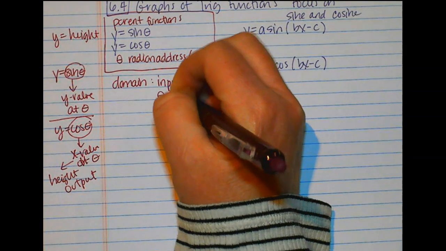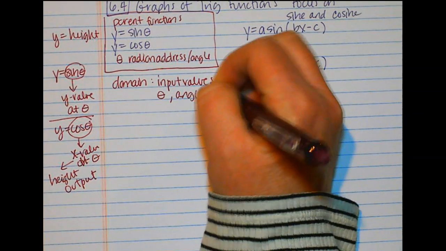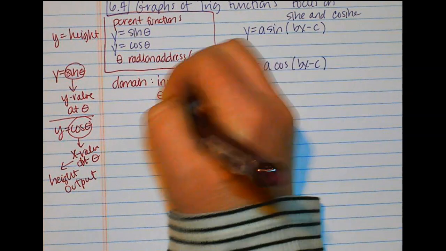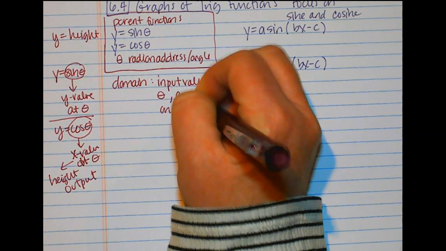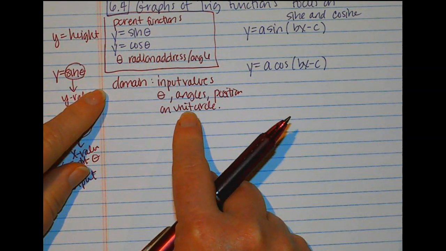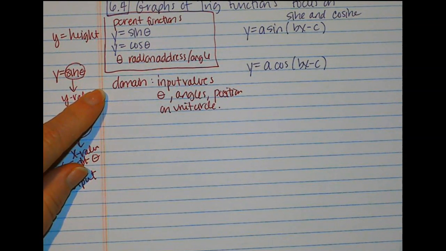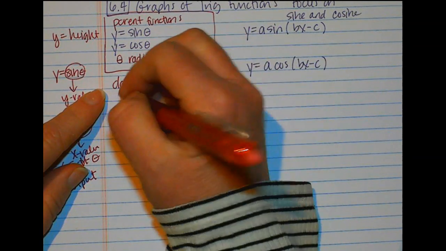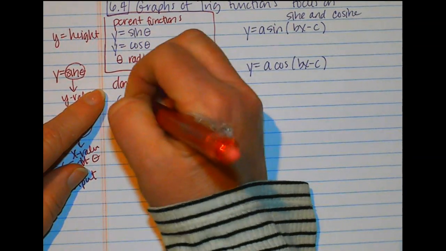They're the angles or position on the unit circle. You're allowed to be anywhere on the unit circle. You're allowed to be at 0. You're allowed to be at pi. You're allowed to be at 45 pi. You're allowed to go around and around the circle forever, and you're allowed to go backwards around the circle forever. So domain, besides the definition, domain for trig functions, sine and cosine, is -infinity to infinity.